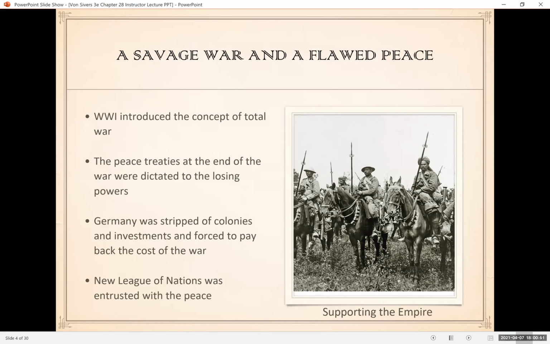And so that's where we get new nations like Poland, which had been part of the Austro-Hungarian Empire, etc.